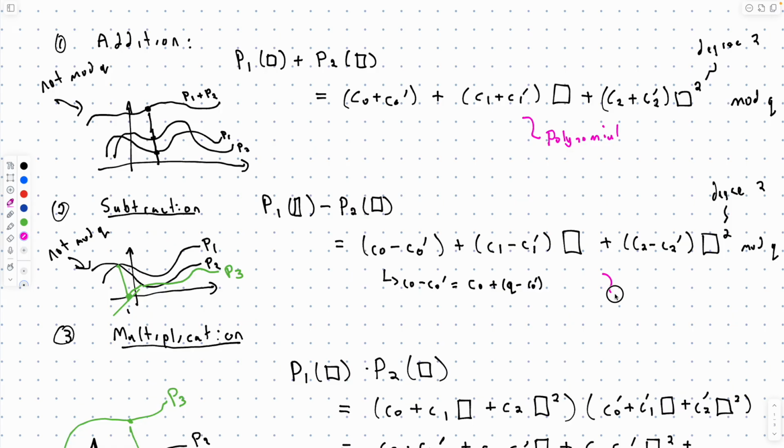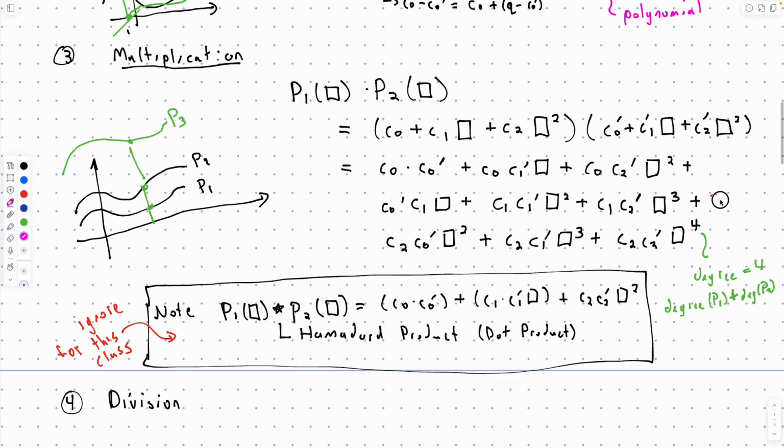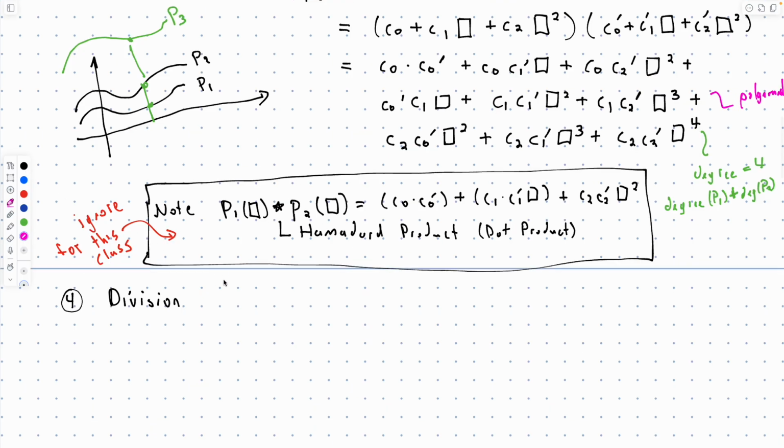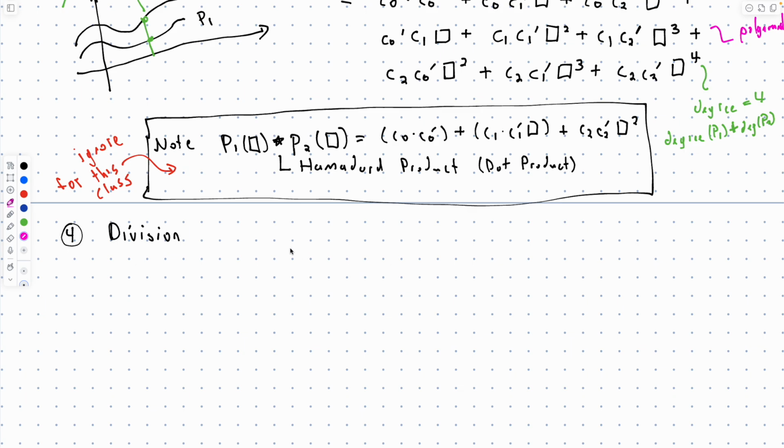If you subtract two polynomials, you do end up with a polynomial. And if you multiply two polynomials together, whether it's this way or this way, the result is a polynomial. So if you keep adding, subtracting and multiplying polynomials, you're not going to end up with something that's not a polynomial. The degree might change on you, but other than that, you're fine. That's not going to be true of division.